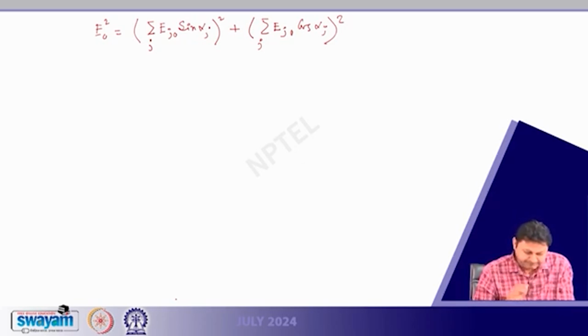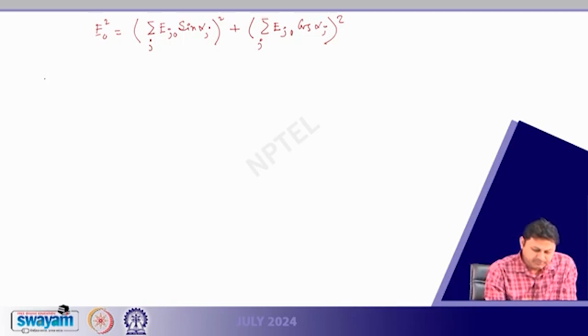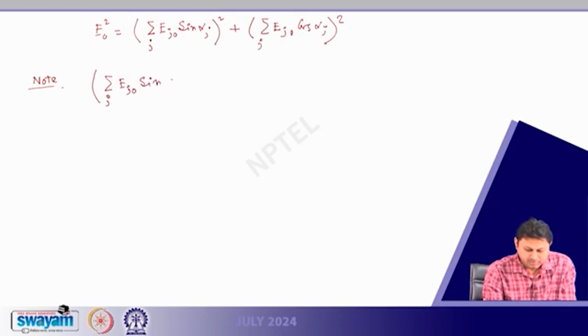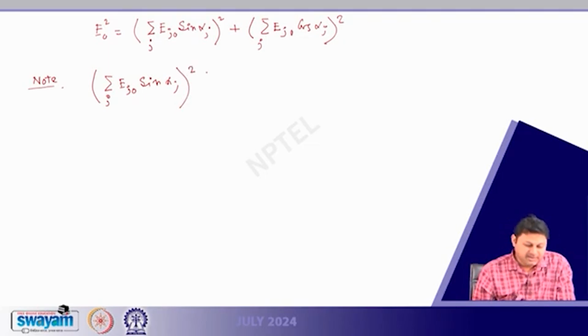Now here we should note one important fact: what is this left-hand side value and right-hand side value. Let us try to work it out. If I take Ej0 sine alpha j and square it, what value do we get?